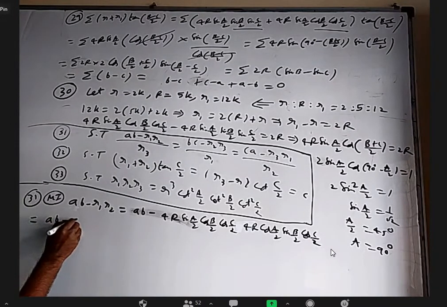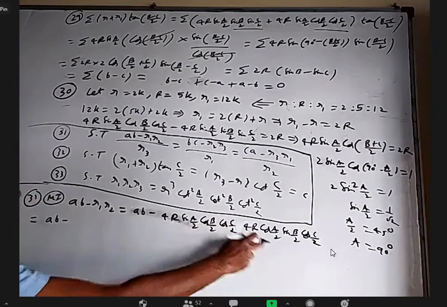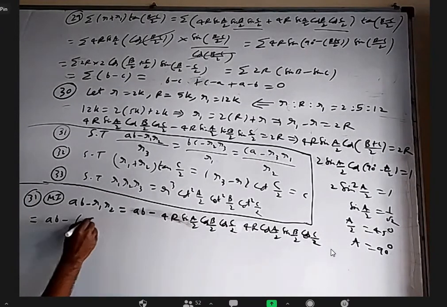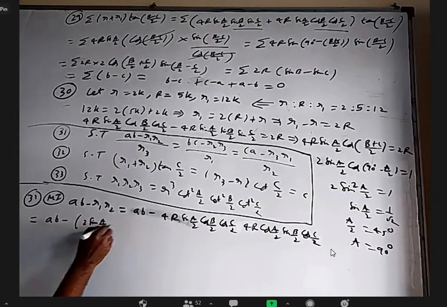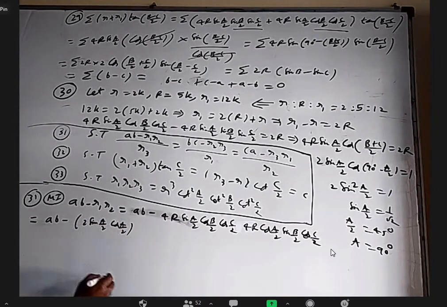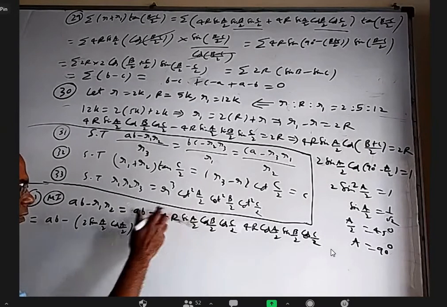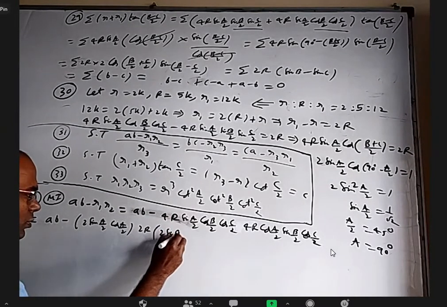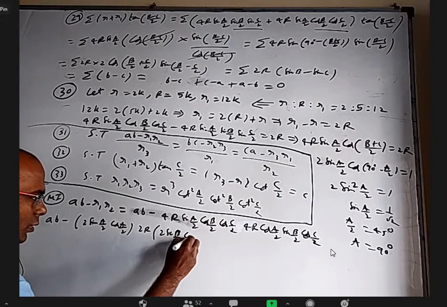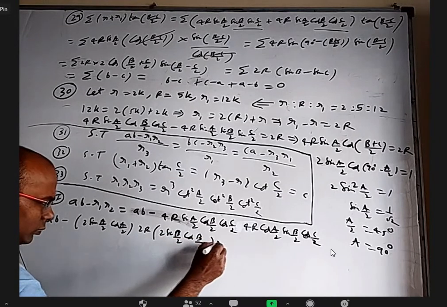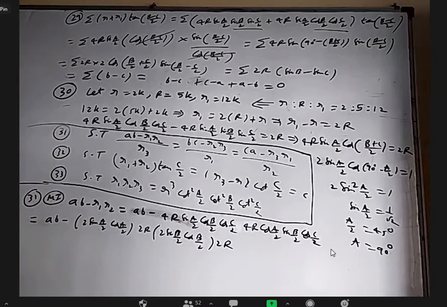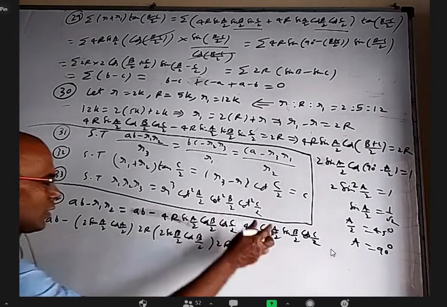AB minus, here one sin A by 2, here one cos A by 2, I can borrow one 2. 2 sin A by 2 cos A by 2, and one 2R will be there. Similarly, here cos B by 2, here sin B by 2, and one 2, which is 2 sin B by 2 cos B by 2 with a 2R. And then there is a cos square C by 2.